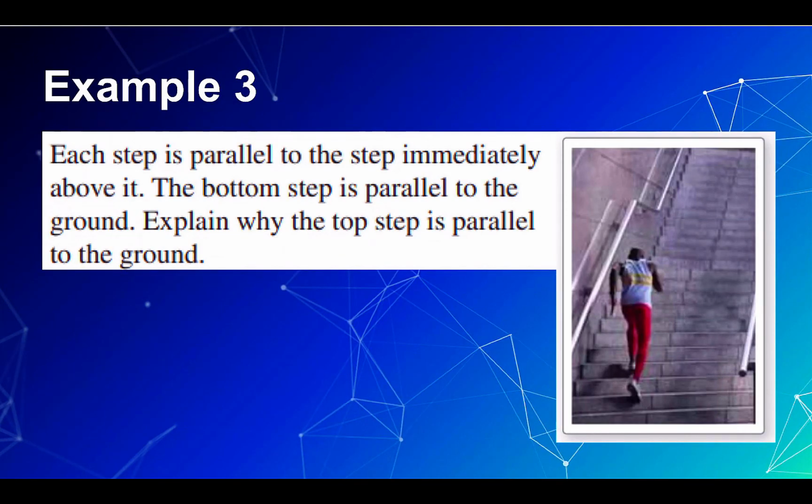Example 3. Each step is parallel to the step immediately above it. The bottom step is parallel to the ground. Explain why the top step is parallel to the ground. So this is exactly the same thing. We have the ground down here.